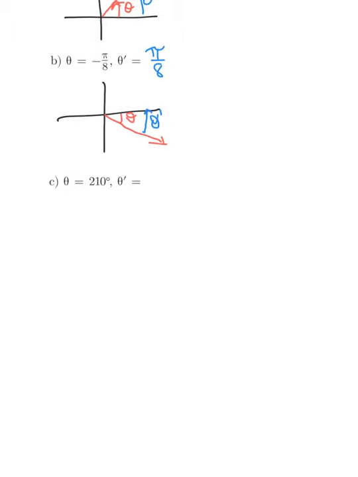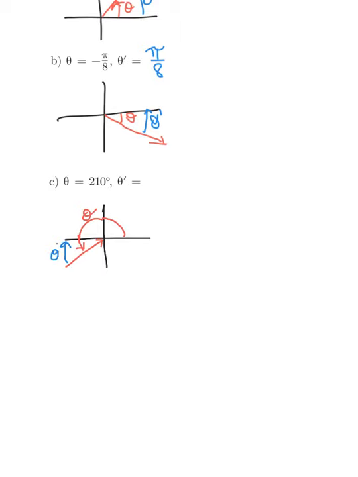On example C, our given theta is 210 degrees. So let's think about what we're doing here. To get to 210, we're going to start at 0. Here's 90. Here's 180. We're going to go a little bit past that 180 down into quadrant 3. So here's theta. Our theta prime is from where we stopped up to the x-axis in that quadrant.